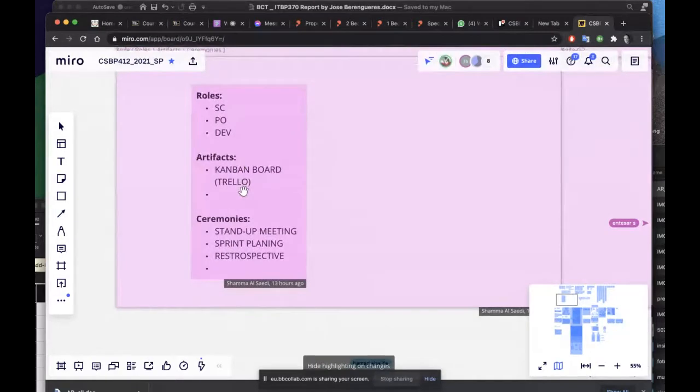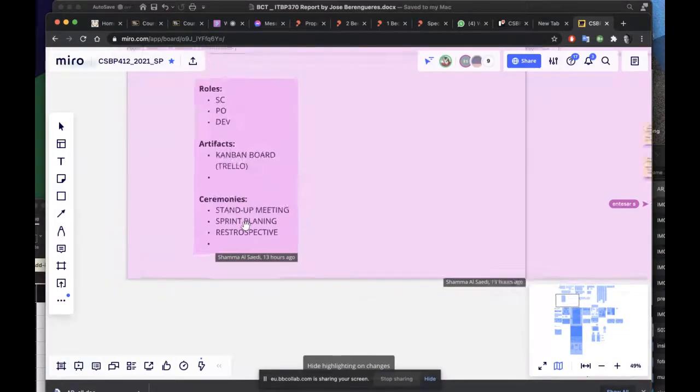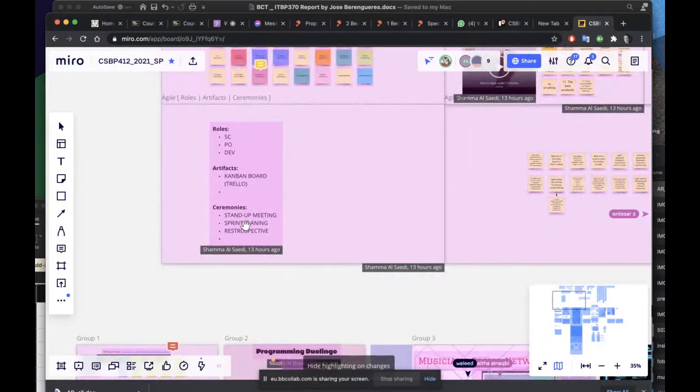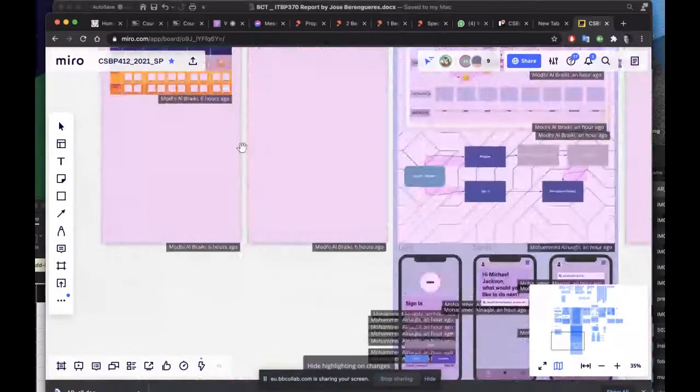I'm going to give the presentation over to Shama. We will introduce one of the ceremonies, called sprint planning, which you already started without knowing it. I asked you to define the POs and Scrum Master roles in your teams, just to simulate how it feels.